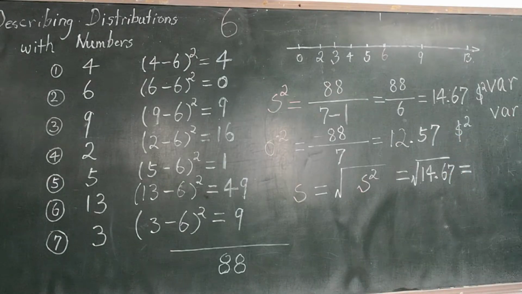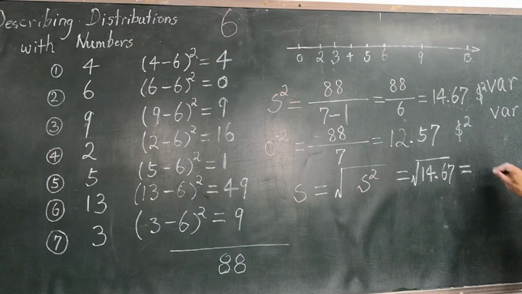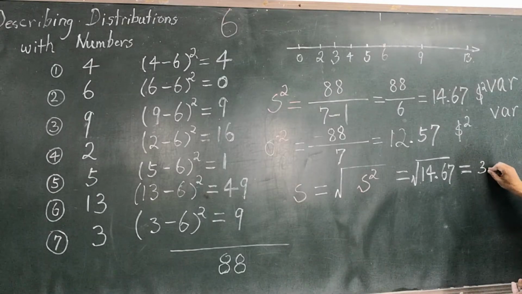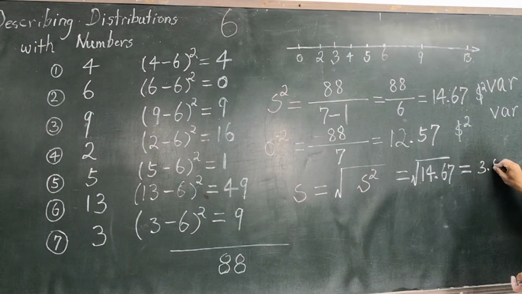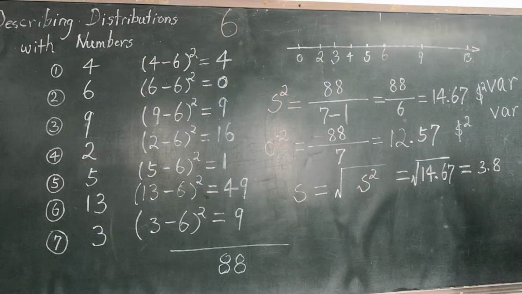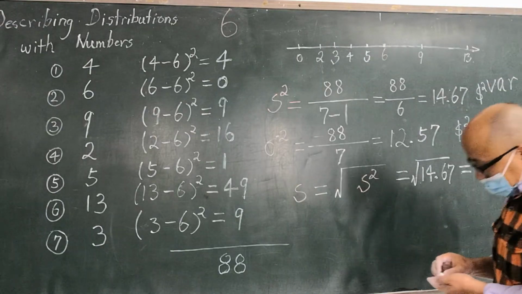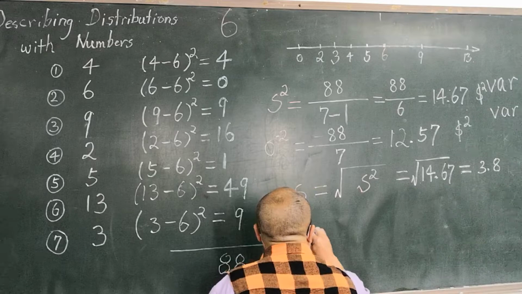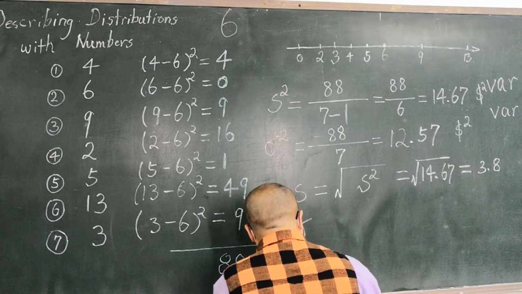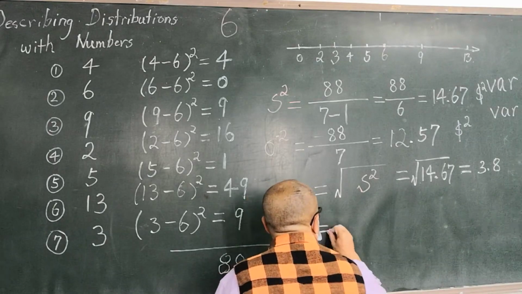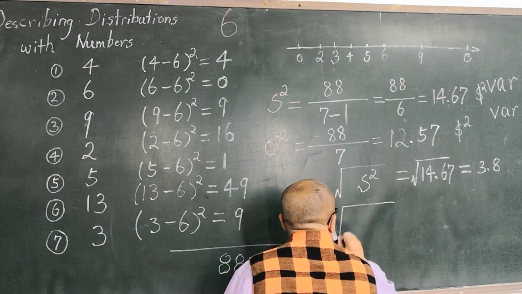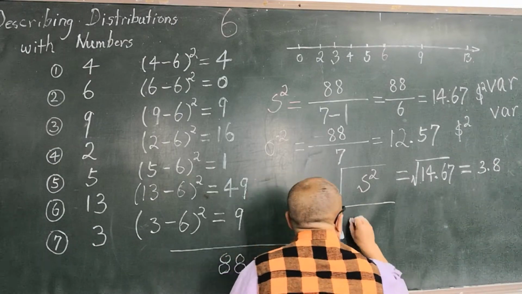What's the number? 3.8. And if it's a population, not a sample, then that's 12.